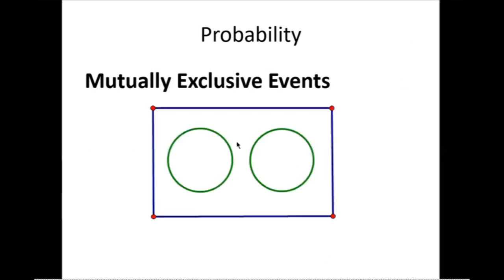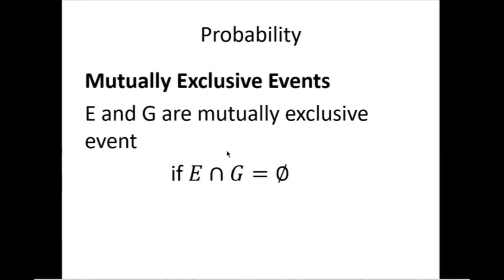Okay, next. Mutually exclusive events. E and G are mutually exclusive events if the intersection between E and G is null or empty. Okay, pwede rin ganito yung maging symbol natin: E intersection G is empty set.